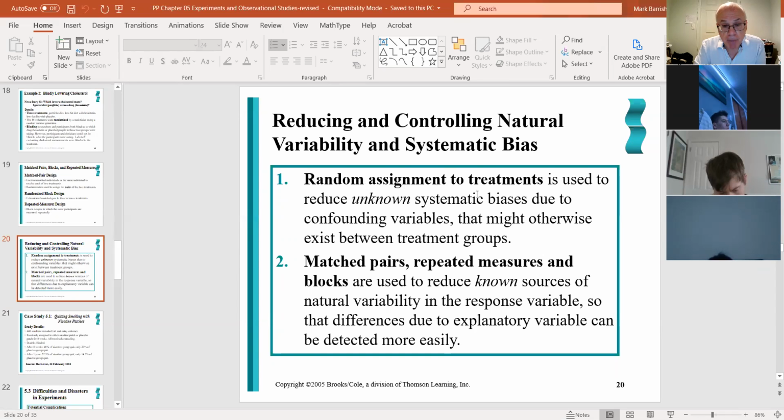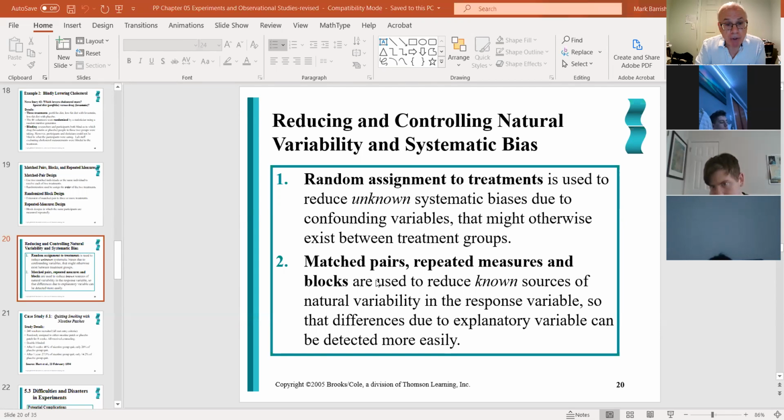By randomly assigning people to treatments, or saying it the other way, by randomly assigning treatments to people, what we're doing is we're eliminating the effects of these other variables that could exist and could be affecting the results of the experiment. Randomization tends to get rid of these unknown biases that exist.